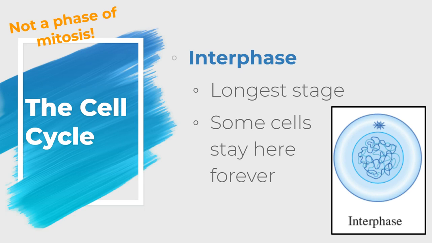Interphase happens before mitosis, and it happens after cytokinesis, but it is completely separate. This is the longest stage of the cell cycle, and there are some cells that actually stay in interphase forever. And we are going to talk about the different parts of interphase, but all of those different parts together are called interphase.